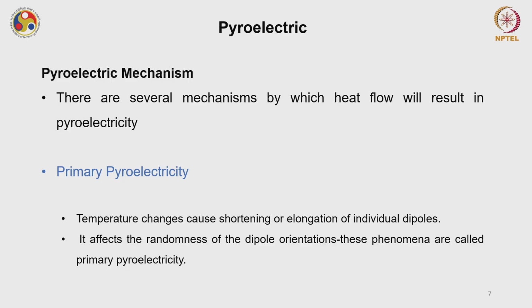It affects the randomness of the dipole orientation and therefore pyroelectricity is generated, or the material starts showing pyroelectric behavior. And since it is a direct conversion of this temperature change or heat flow to pyroelectricity, I call it primary pyroelectricity.